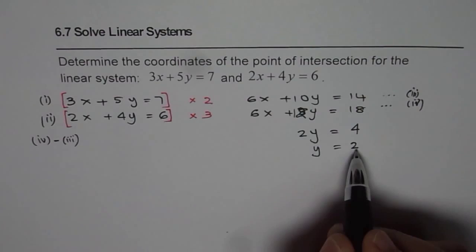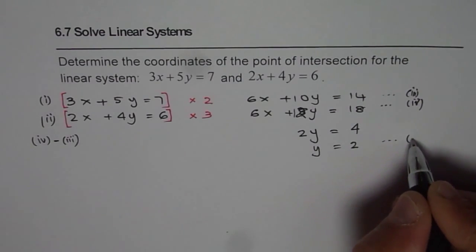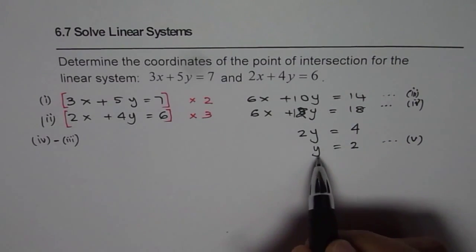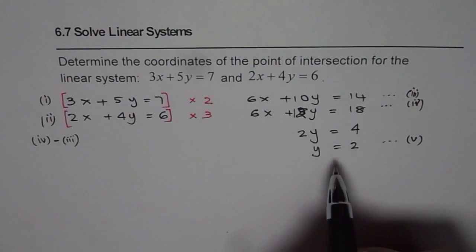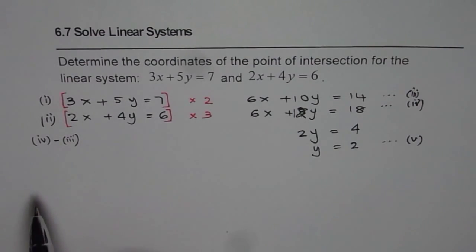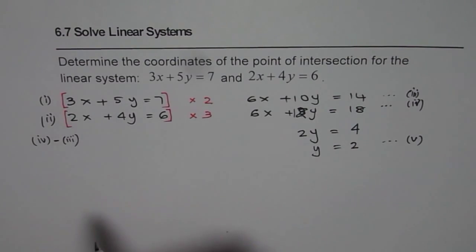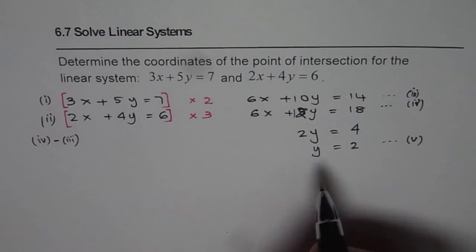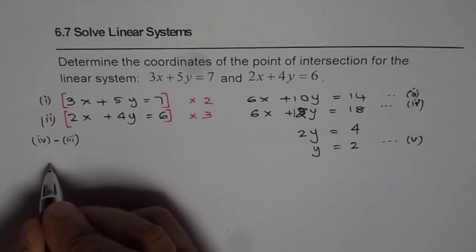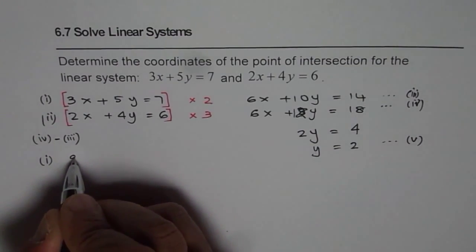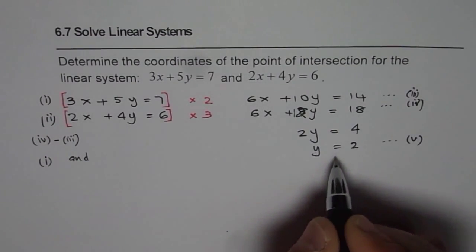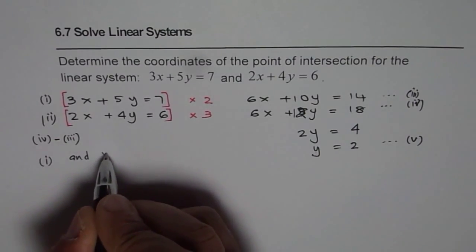Now to find x, let's say this is equation 5 for us. To find x, we can use one of the original equations, substitute the value of y as 2 and calculate x, right? This time, let us use equation 1 and substitute y = 2 from equation 5.